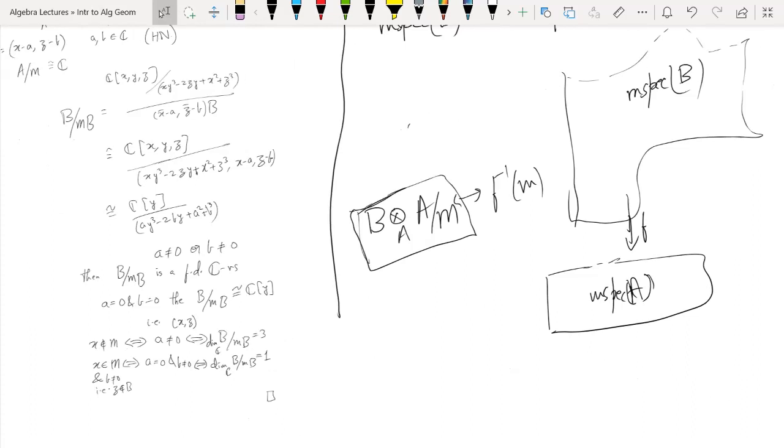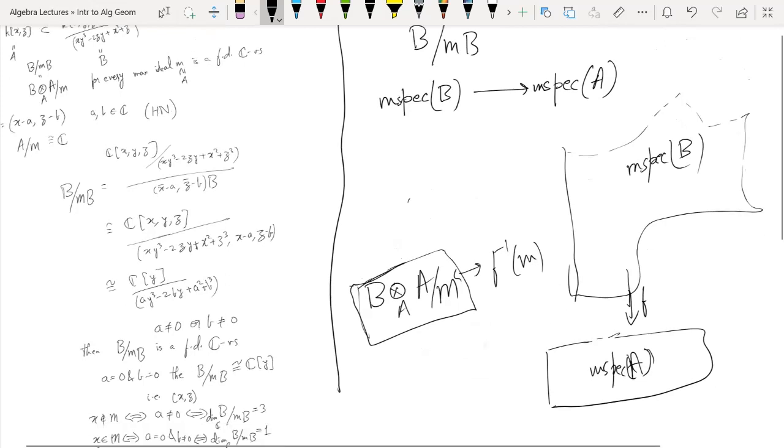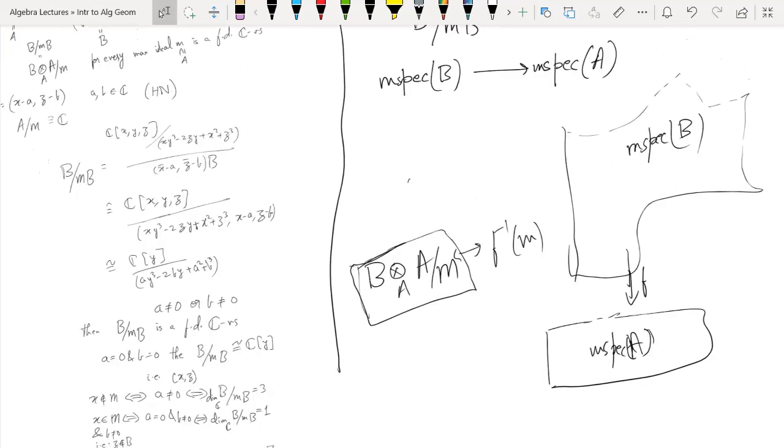Or if you work with schemes, it's not required to be an integral domain. So what you're looking at is fibers. Which points of M spec B map to M? How many points of M spec B map to M? That is what this measures.